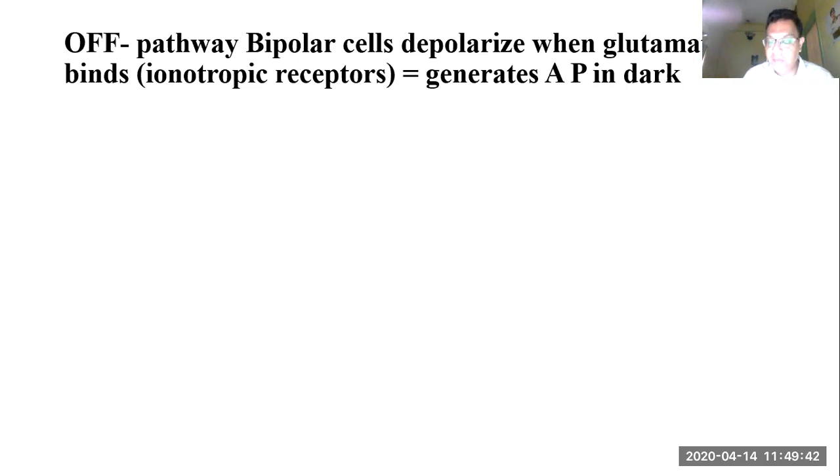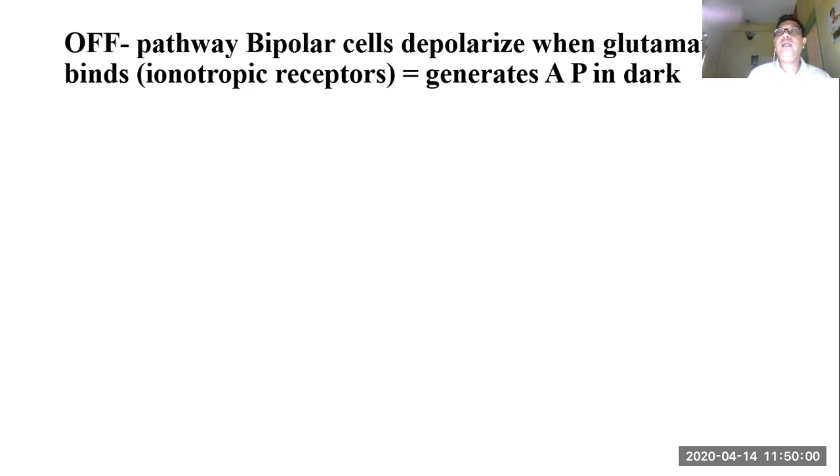As we have seen in the previous example, it will not generate action potential in the light. So off pathways will only generate action potential in the dark, and they will turn off in light. Okay, so that is why it is off.